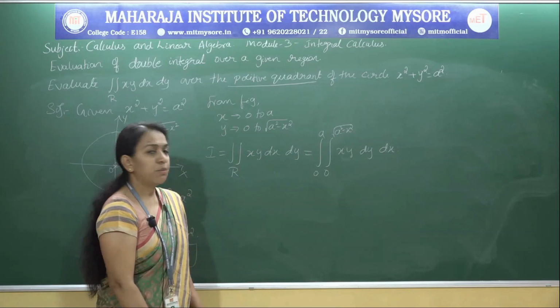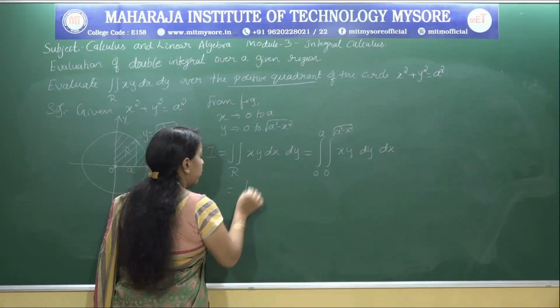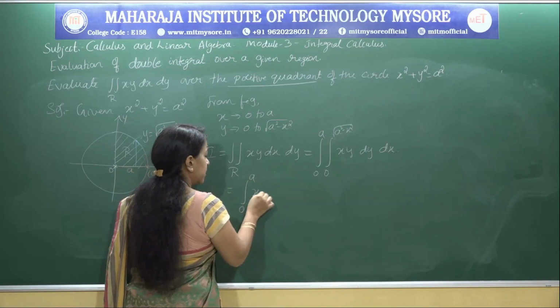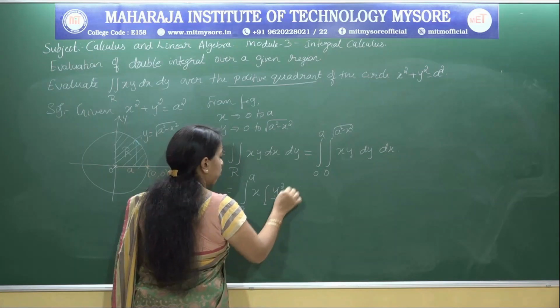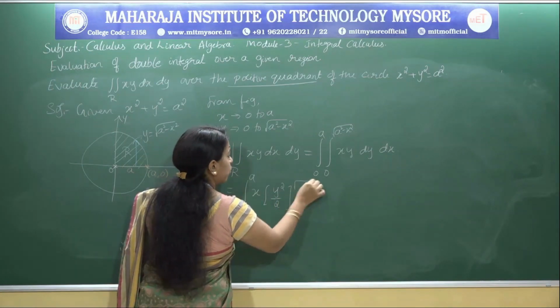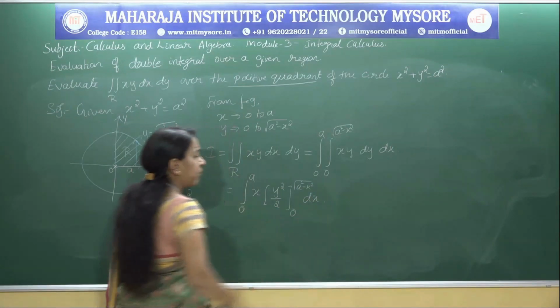Now integrate with respect to y, keeping x constant. That is integral 0 to a, x is considered constant, integral of y is y square by 2 between the limits 0 to root of a square minus x square, dx.